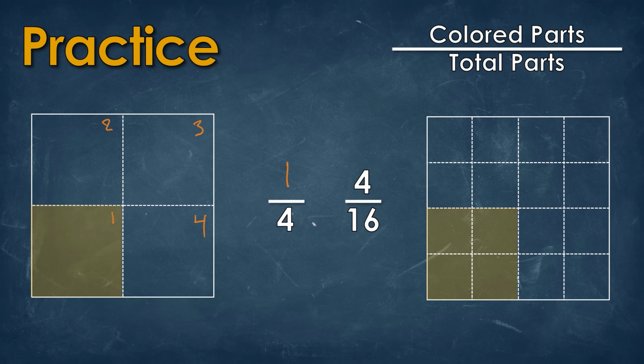Does that match what we see on the very right here? 1, 2, 3, 4, 5, 6, 7, 8, 9, 10, 11, 12, 13, 14, 15, 16. It does. So these are equivalent fractions that we notice from this shape.